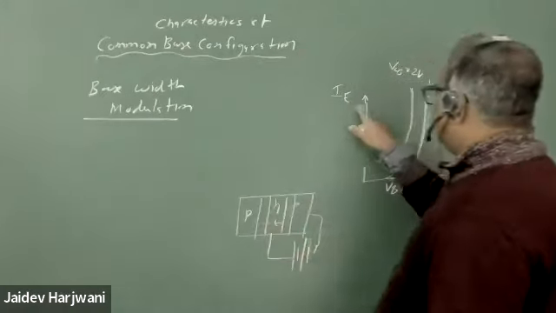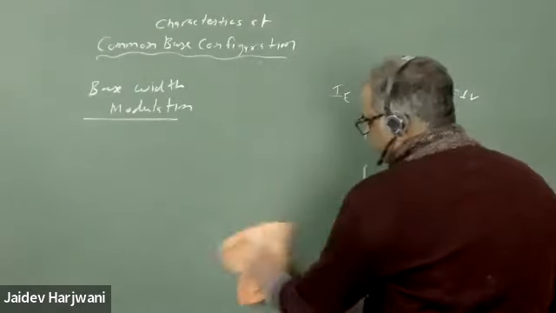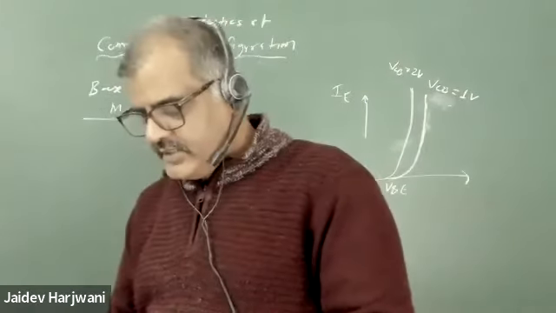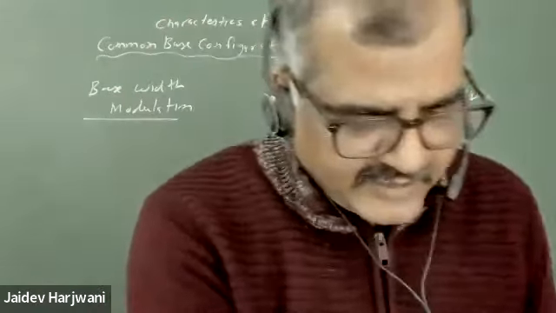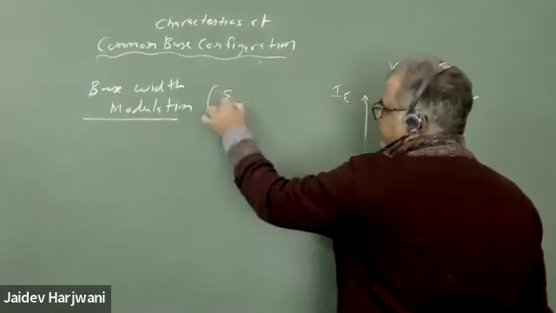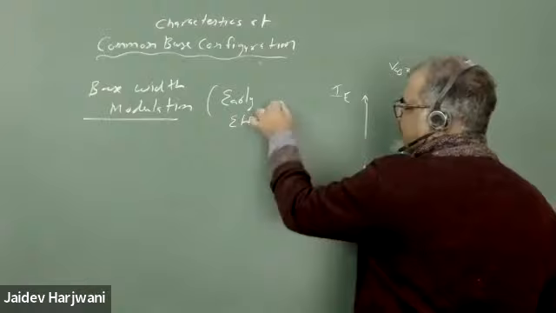So that may be one reason that IC is increasing. And another reason I told you: when you are increasing the reverse bias at the output, that is equivalent to increasing the forward bias at the input. This effect is called the early effect.